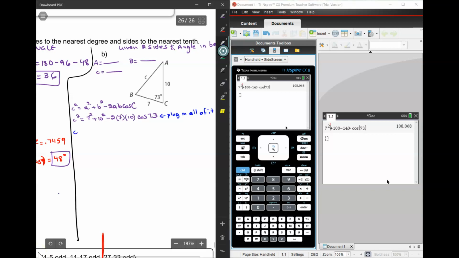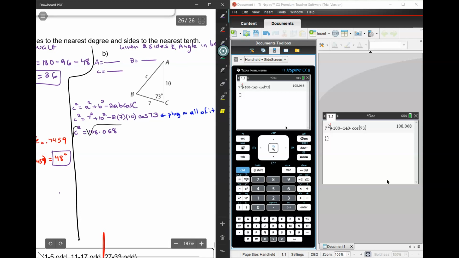C squared is equal to 108.068. And then for C, we have to take a square root. So C is, how much is it? It should be in the tens. 10.4. Right, so C is 10.4.